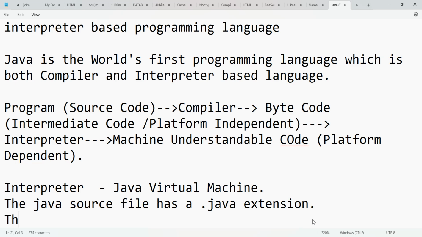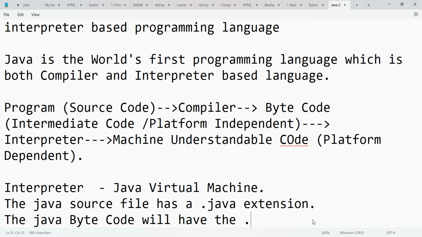So the Java bytecode will have the .class extension. Very important. You may note it down.